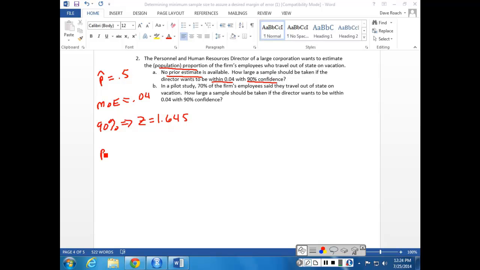So P hat plus or minus Z, just trying to put this in the context of what we already know.